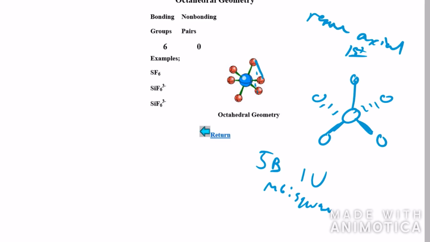Okay, so now let's say I want to do 4 bonding, 2 non-bonding. Where am I going to remove my next one from? The top. Yep. So what is this shape? Square planar. What are the angles between each of these? 360 divided by 4.